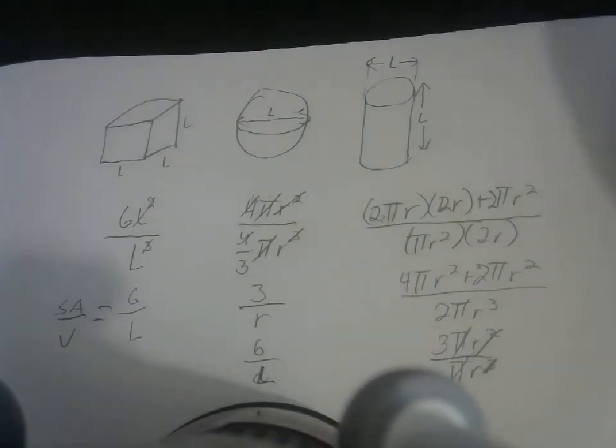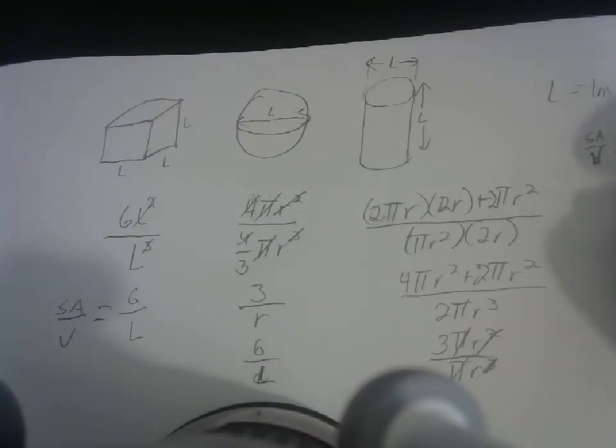So if you are about 1 meter tall and you use this as an approximation, L equals 1 meter, then your surface area over volume would be 6 meters cubed per meter squared, or 6 per meter.